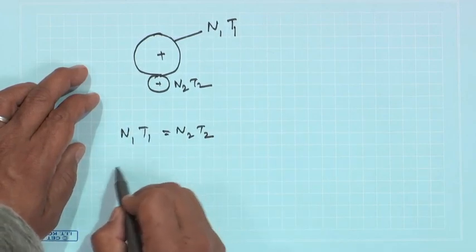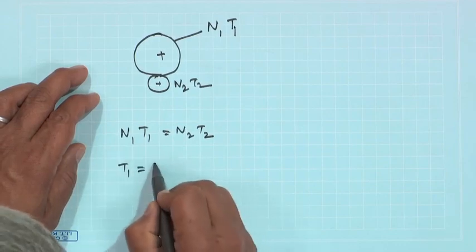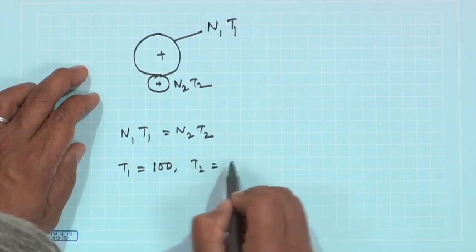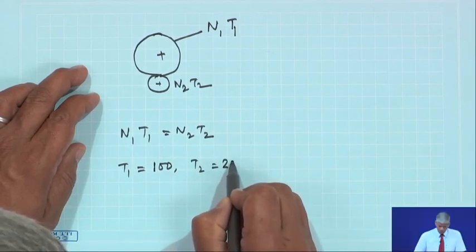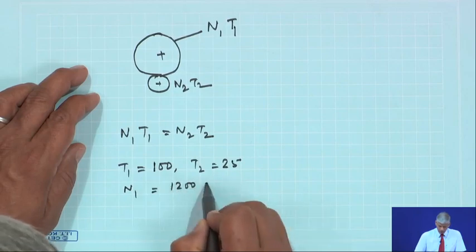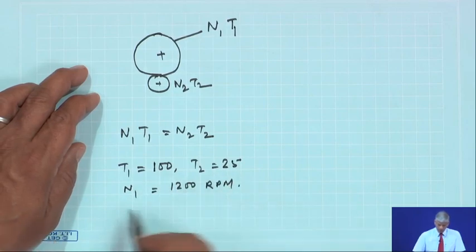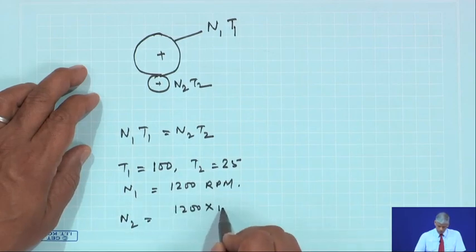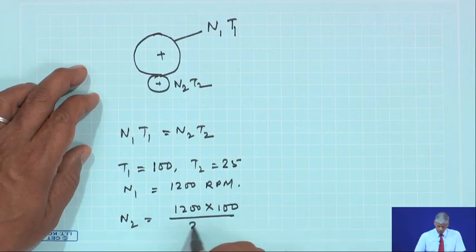For the sake of discussion, if T1 is say 100, T2 is say 25, N1 is say 1200 RPM, your N2 is nothing but 1200 times 100 by 25.